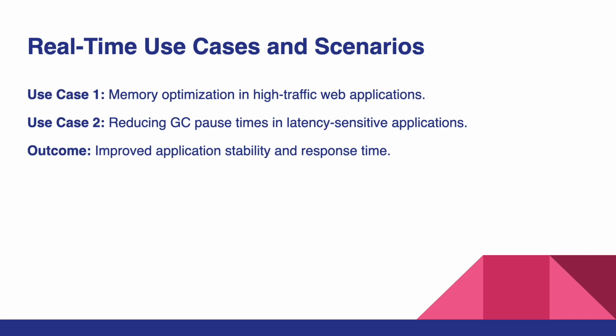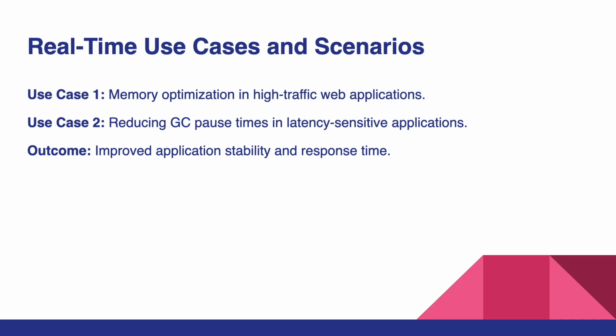Now, let's see how memory management plays out in real world scenarios. In a high traffic web application, for instance, optimized memory use and minimal GC pause times are essential for handling large user loads without lag.